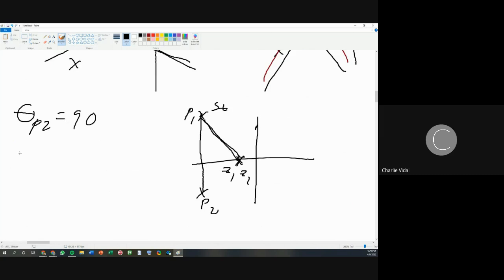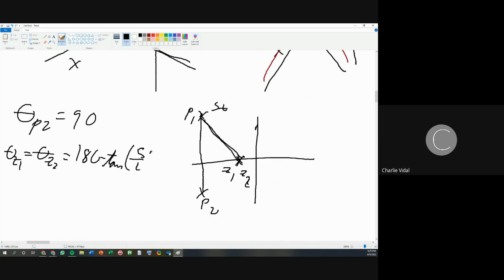Theta P3, hold on a second. First of all, I think I meant to say theta Z1. Theta Z1, which is equal to theta Z2, is equal to 180 minus tangent of 5/4.